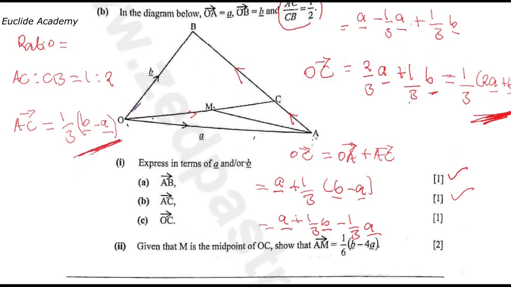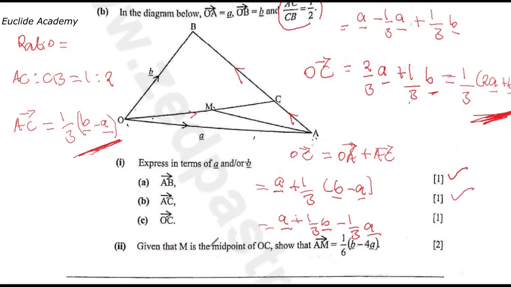So what we have here, we look at this OC, which is the vector we found to be this one right here, and we want to find the vector AM.